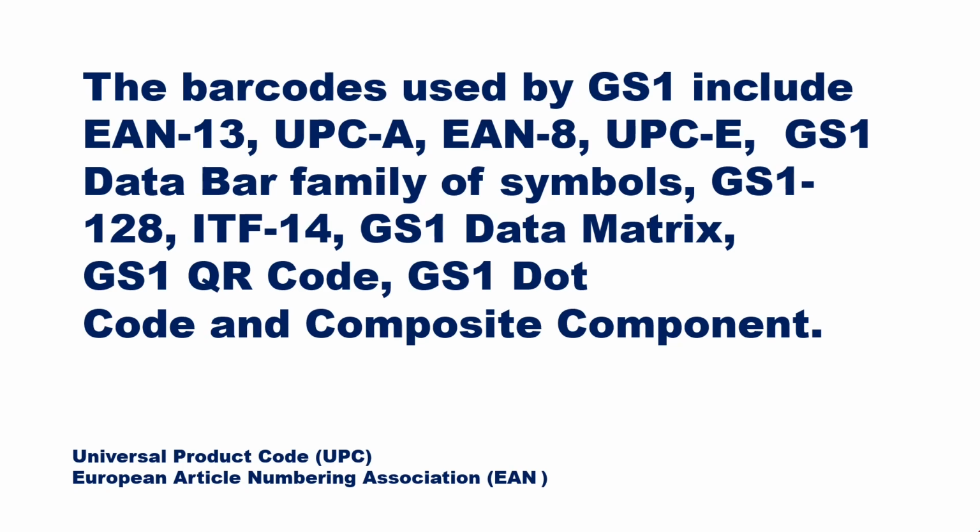From all this, UPC means Universal Product Code, which is followed by the US, and EAN means European Article Numbering system, which is followed by the European nations. So these two are important.